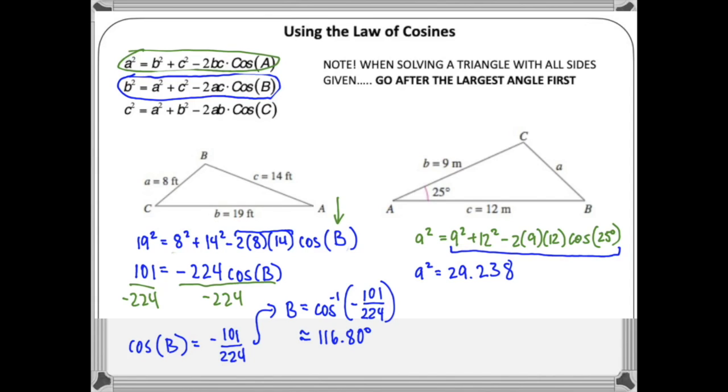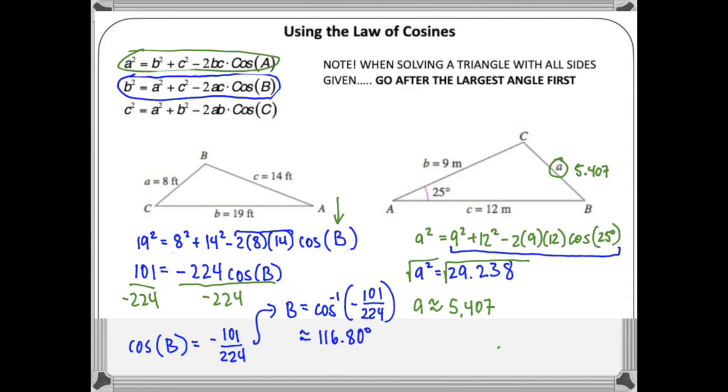And it has a bunch of numbers after this that I'm not showing that's in the calculator. So I'm going to take the square root of both sides, and I'm going to take the square root in my calculator for added accuracy. That is going to give me A is approximately 5.407. So there we go, we end up with A, and that's going to be 5.407.